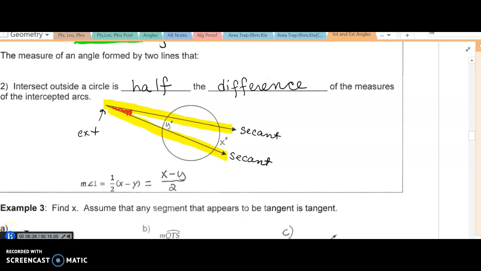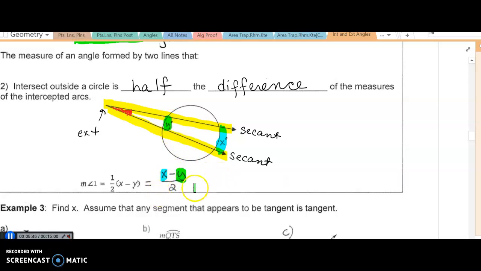So half the difference we know just means subtract. So we're going to take the arc in between the two secants on that rim part of the circle, and we're going to go over here and take this rim part of the circle, this arc, in between the two secants, and then we subtract them.